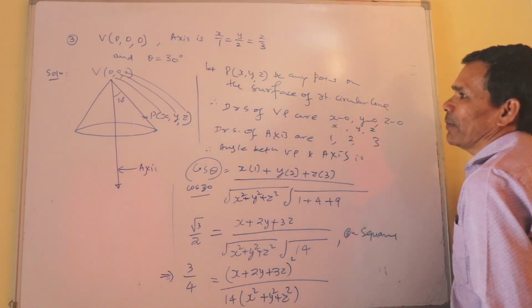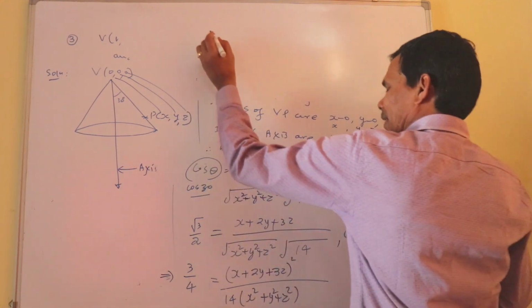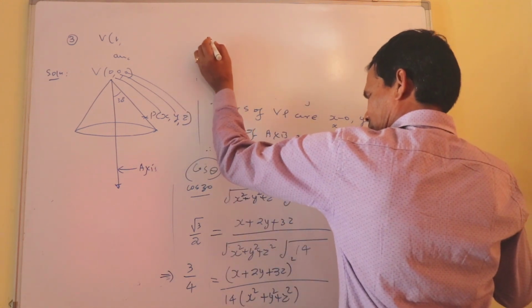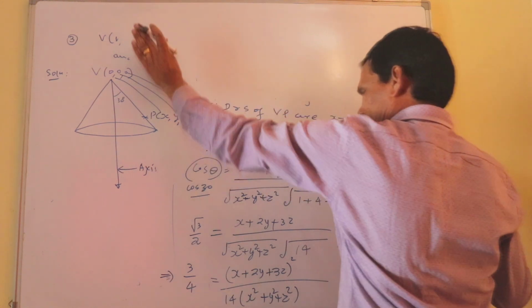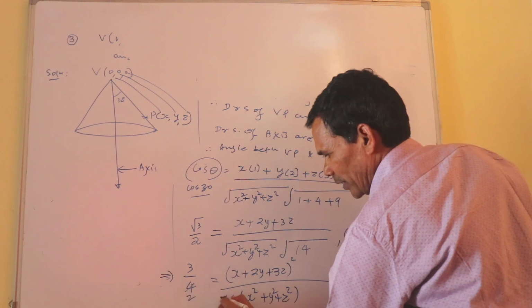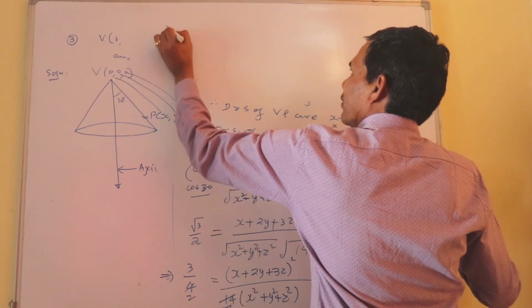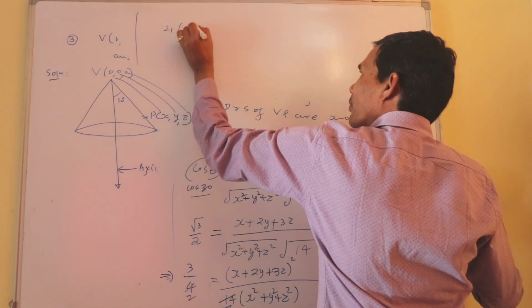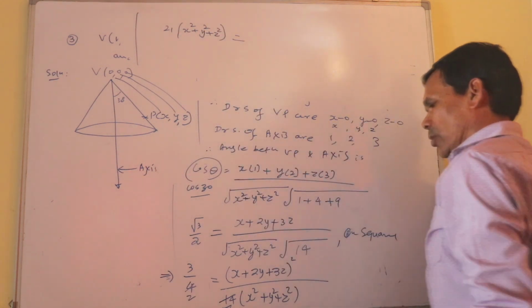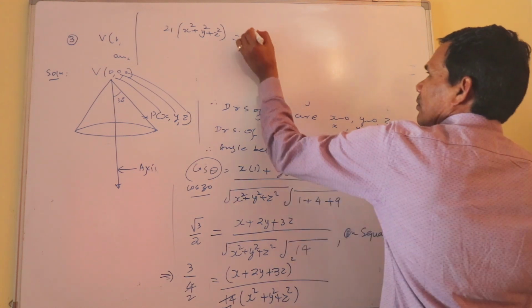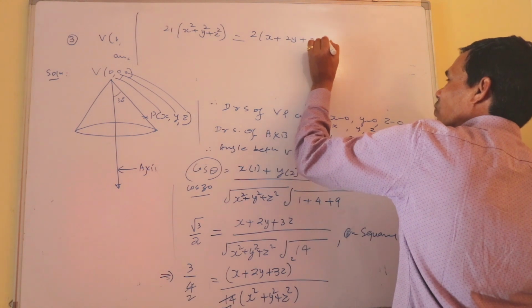Now if you take the cross multiplication and simplify further, you get 21 multiplied by (x square plus y square plus z square) equal to 2 times (x plus 2y plus 3z) bracket square.